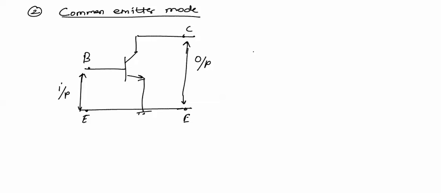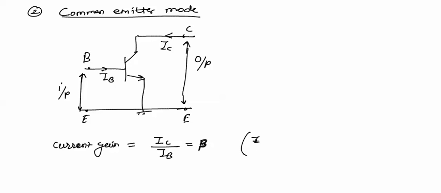This is called common emitter mode. In this common emitter mode, the input current will be base current, output current will be collector current. Now if we define the current gain, it will be equal to output current IC by input current IB, which is also called beta. And we know that IC is very much greater than IB. If IC is very much greater than IB, beta will be very much greater than 1. Typically beta is around 50.